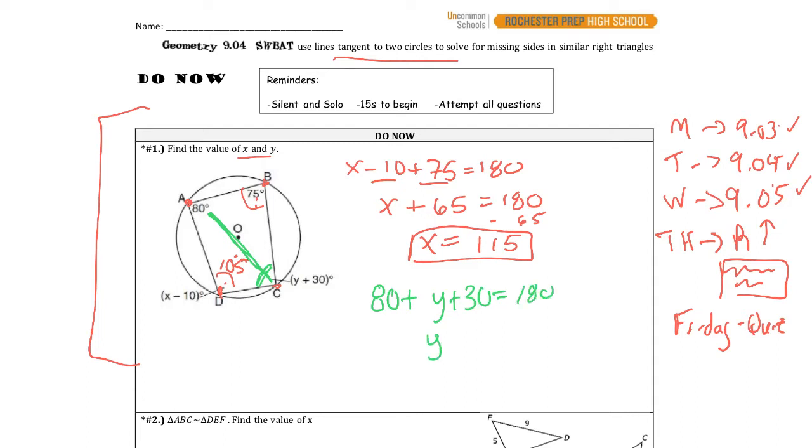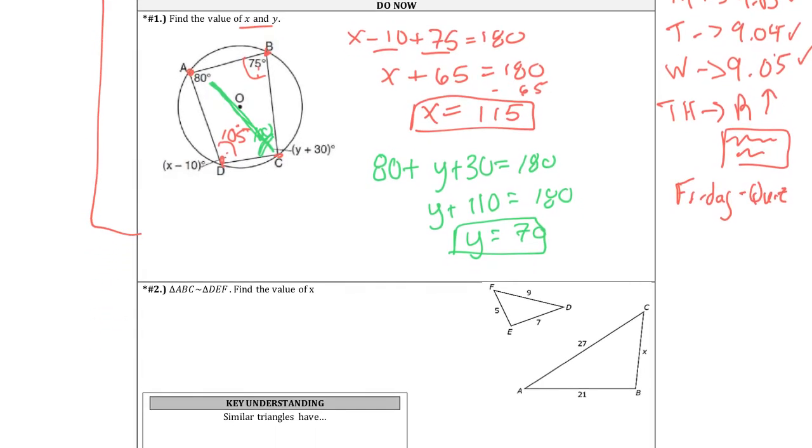All right, so we get y plus, that's 110 equals 180. So subtract 110 from both sides and we get 70. So y equals 70. And that would make sense if I put in a 70 here, add 30, this angle would be 100, and the ones across from each other equal 180. So that's what we learned yesterday. Inscribed quadrilaterals, angles across from each other equal 180.